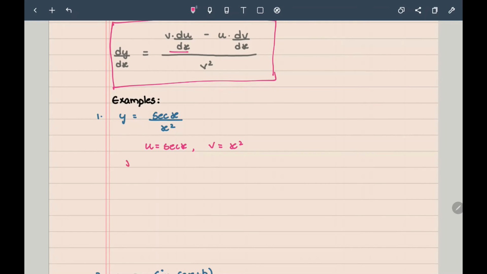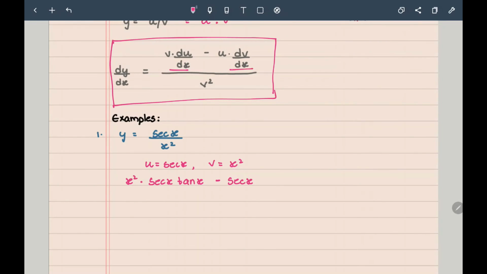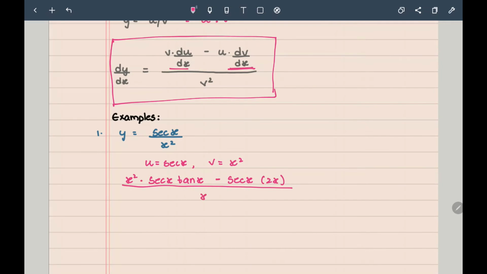So x square into derivative of secant x is secant x tan x minus u into, that is secant x into derivative of v, that is 2x divided by v square, that is x square whole square.